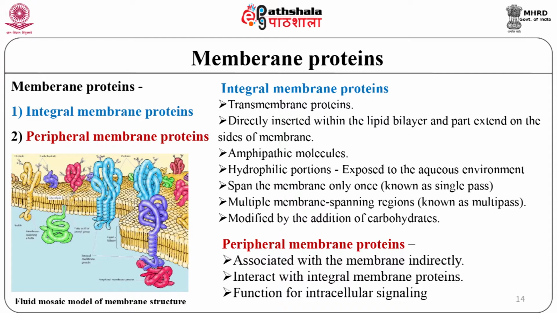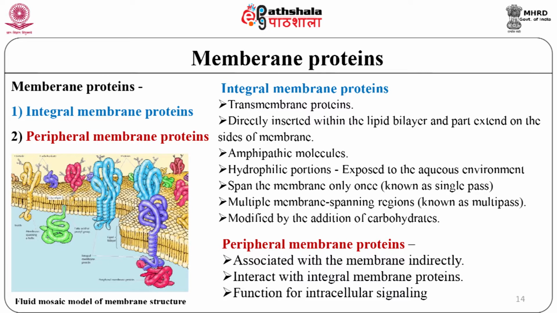Some proteins are anchored on the membrane by covalently attached lipids. Such proteins are anchored to the extracellular phase of the plasma membrane by glycolipids and to the cytosolic phase by fatty acids or prenyl groups. The probable function of these membrane proteins is intracellular signaling.